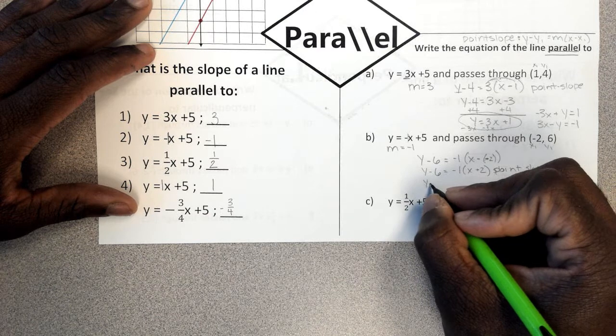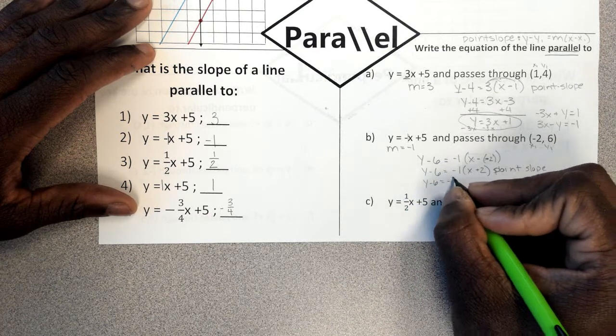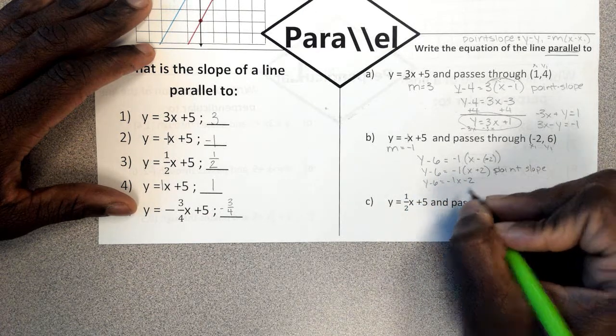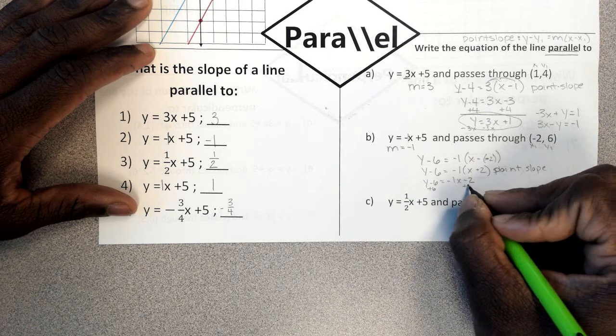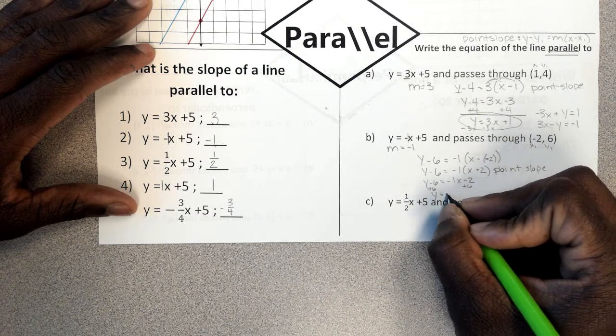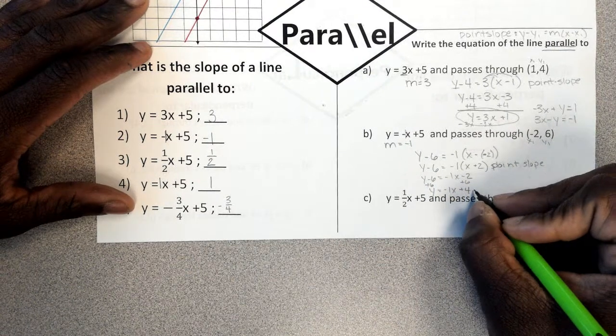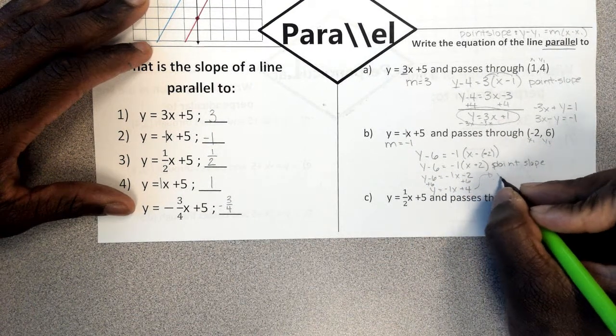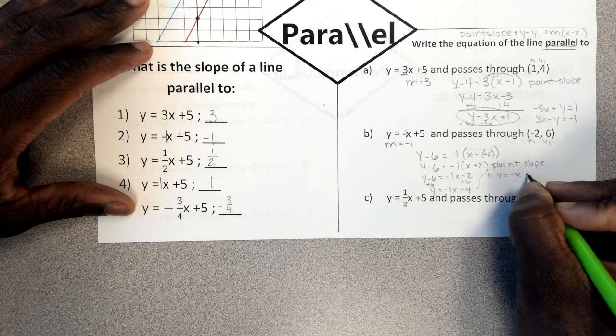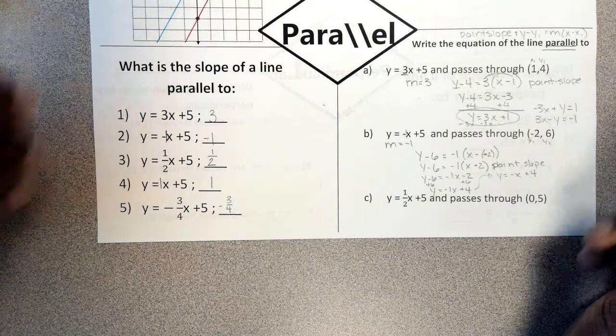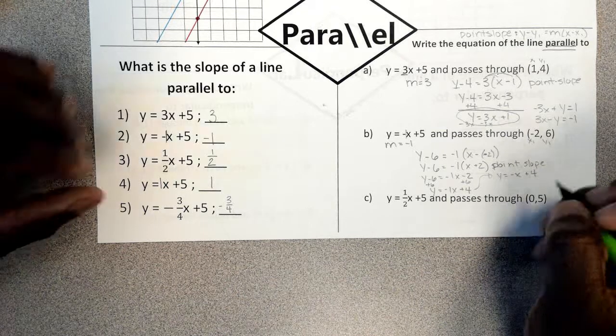Alright, and then we do the same thing as we did before. X minus 2 at 6. Y equals negative 1x plus 4. Now, you might see it as y equals negative x plus 4, because remember, you don't have to write that 1. It's not always going to be there.